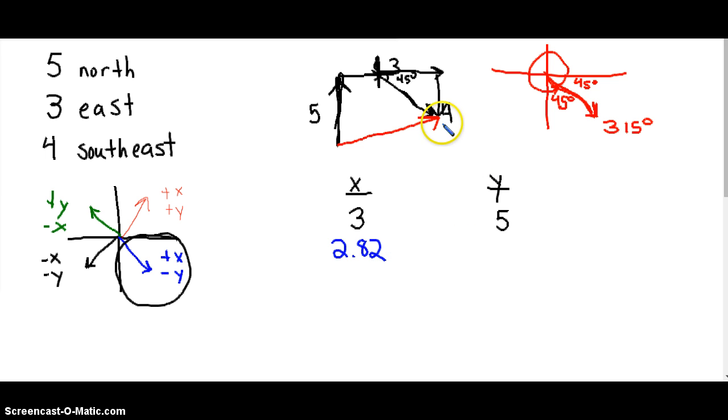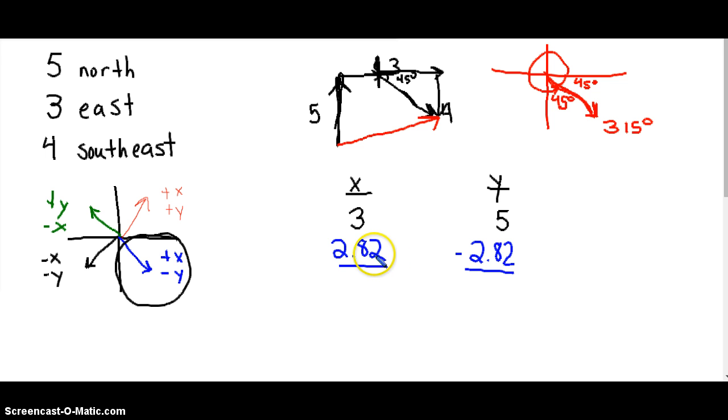And also in the y direction, if I take the sine of 315, be careful about knowing which quadrant your vector is in, because in this case it's going to give us a negative 2.82. We're going down from where that 5 took us, so therefore it's going to be subtracted from that 5.